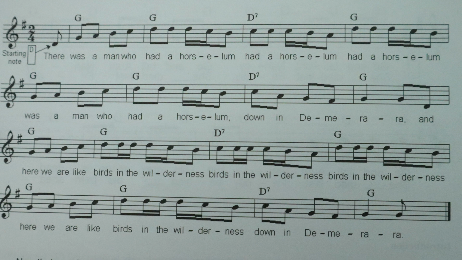There was a man who had a horse-a-lum, had a horse-a-lum, down in Demerara. And here we are like birds in the wilderness, birds in the wilderness, down in Demerara.